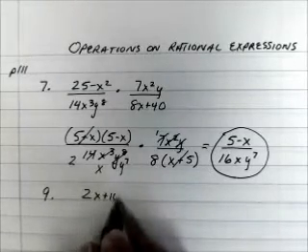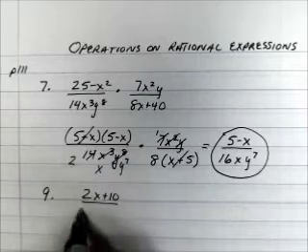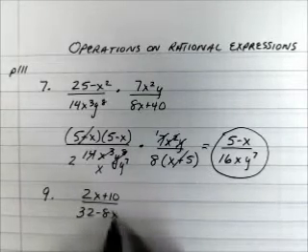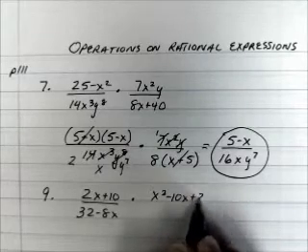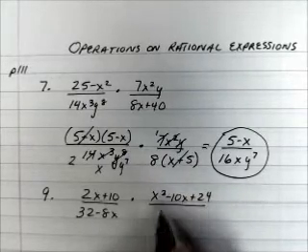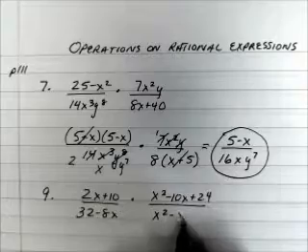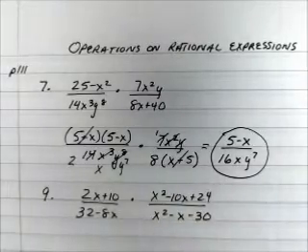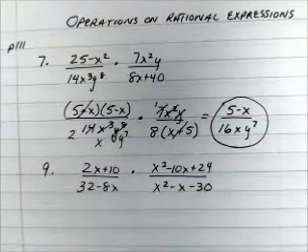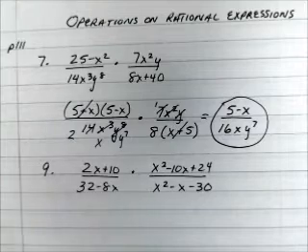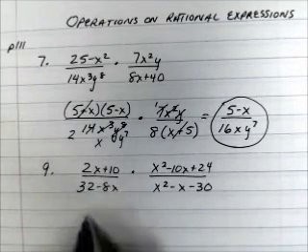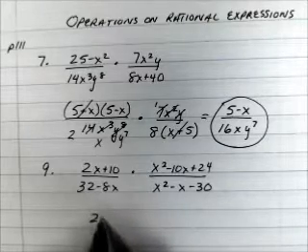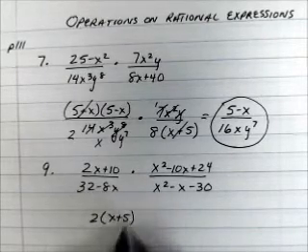2x plus 10 divided by 32 minus 8x times x squared minus 10x plus 24 divided by x squared minus x minus 30. Again, it's a multiplication problem, so we're going to look to factor our numerators and denominators. Our first numerator has a GCF of 2, so 2 times x plus 5.